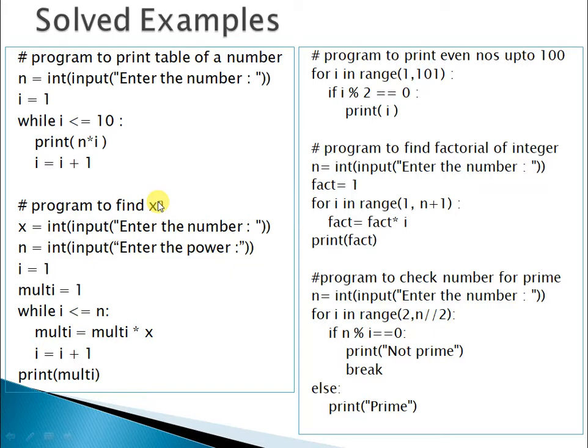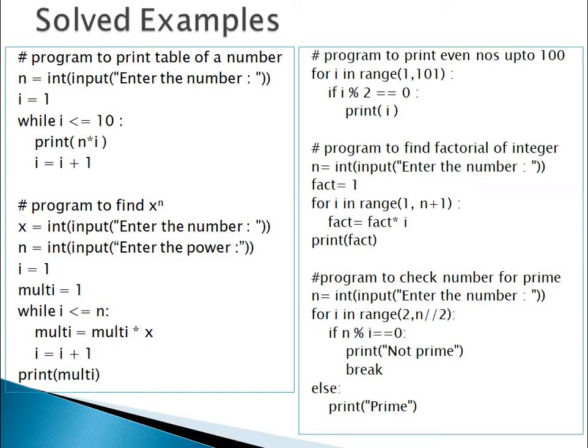Why? Because x to the power n is equal to x into x into x into x, n times. Okay, so x into x into x into x and up to n times. So the condition becomes that I less than or equal to n, because you have to move n times. And what you have to do?